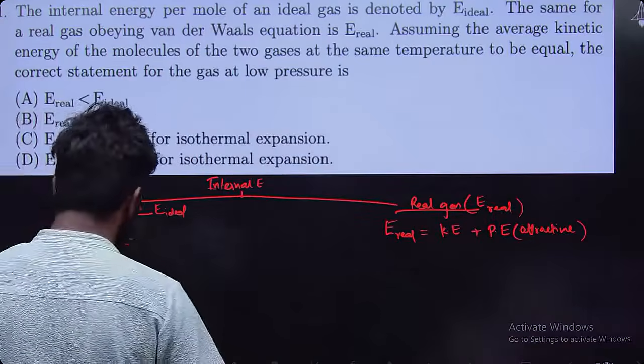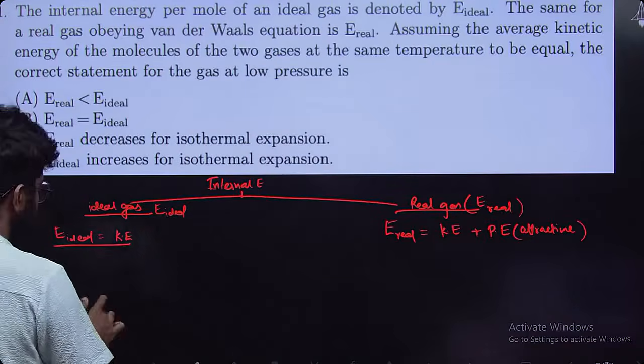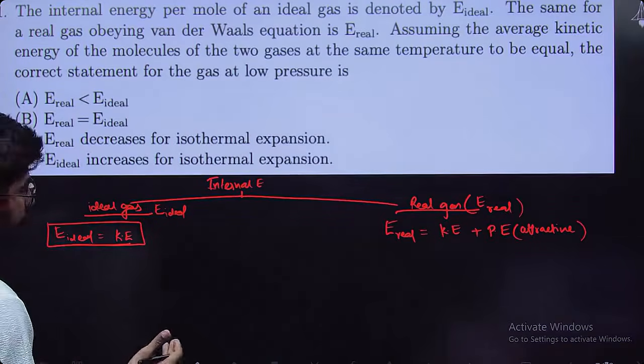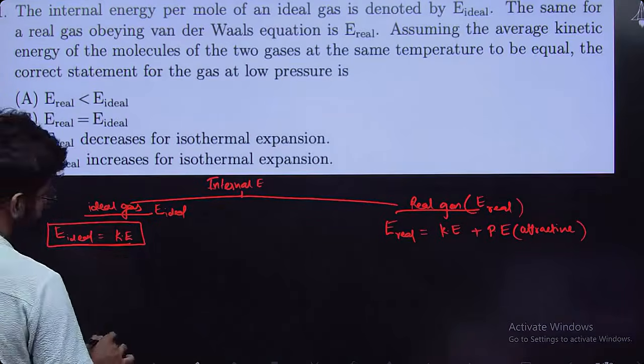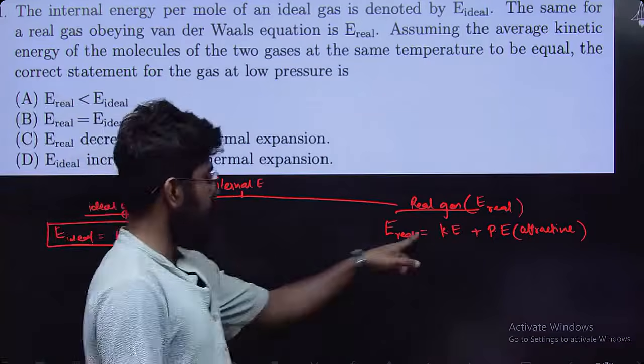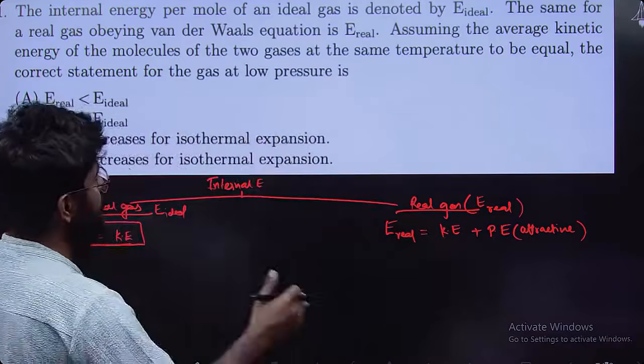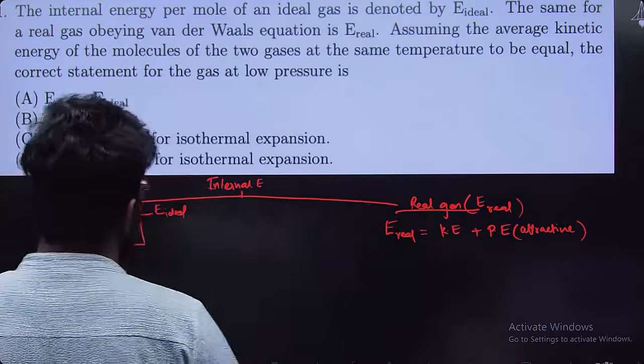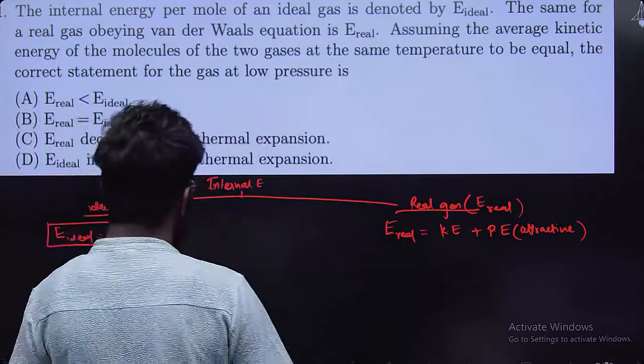So now, since the internal energy of the gas in case of ideal behavior is exactly equal to the kinetic energy, and the kinetic energy is the same in both the cases, as they have mentioned, assuming the average kinetic energy of the molecules of the two gases at the same temperature to be equal, now we have to find the correct statement.